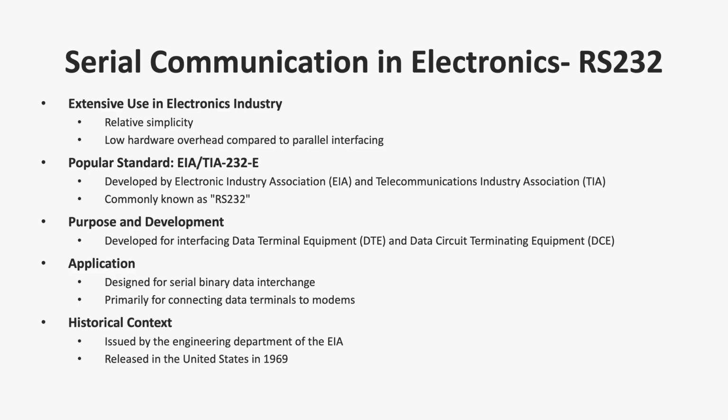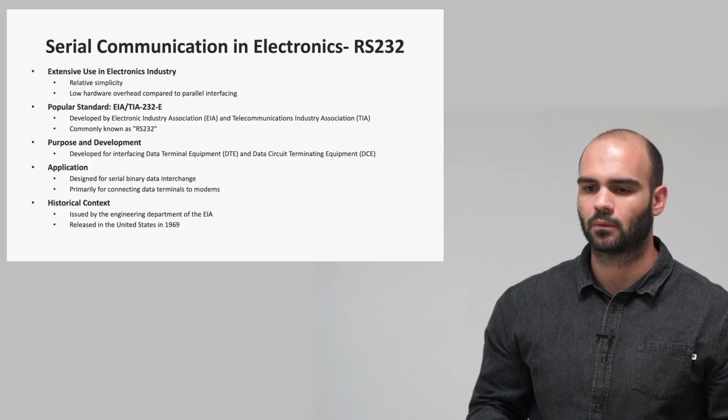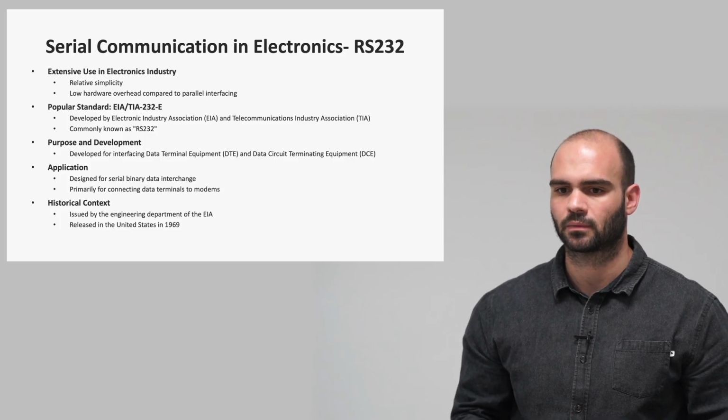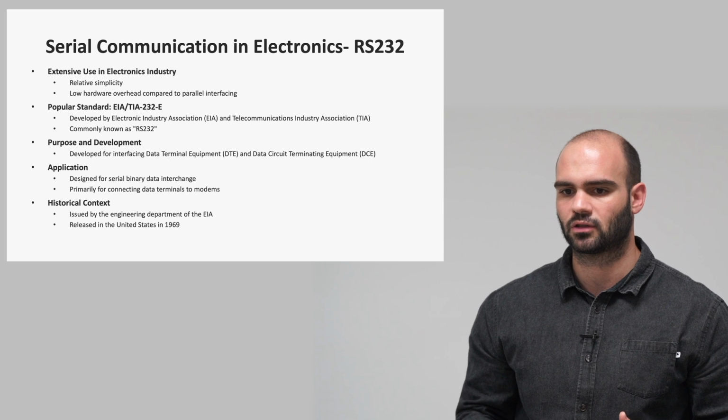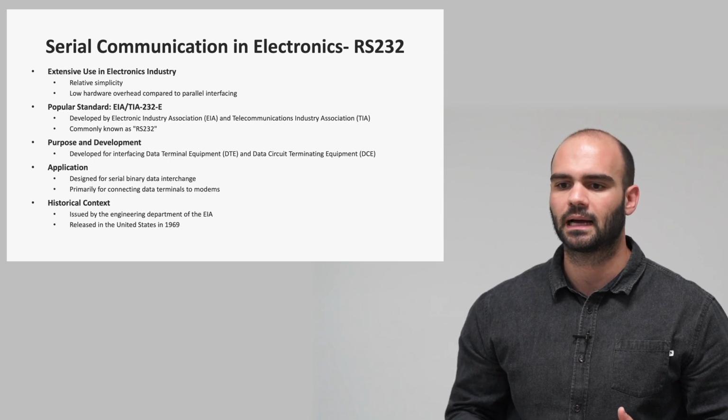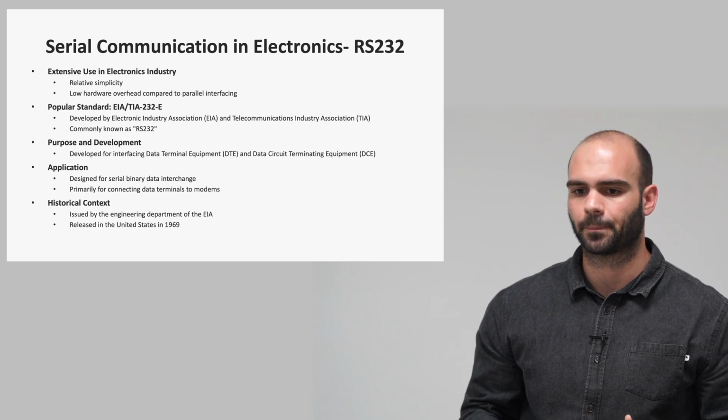Now, let's talk about one of the most common forms of serial communication, RS-232. RS-232 has been widely used in the electronics industry because it's simple and doesn't require much hardware compared to parallel interfaces. It was developed by the Electronic Industries Association and the Telecommunications Industry Association under the standard called EIA/TIA-232E.